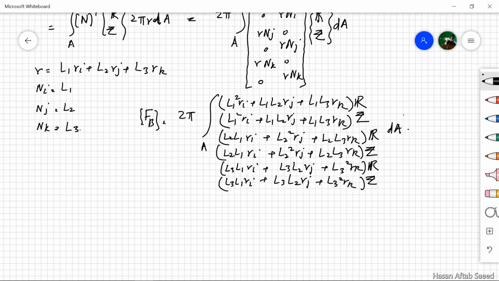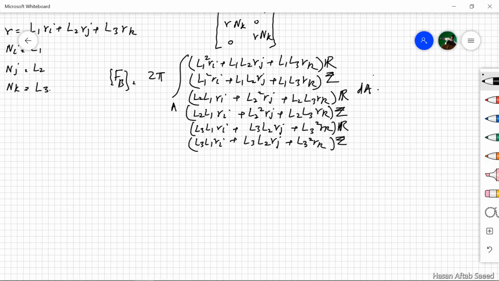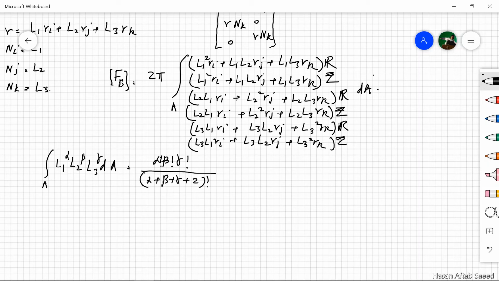Now there's one more step to go, that is the calculation of these integrals. Now recall the area integral formula, the factorial formula: integral of L1 to the alpha, L2 to the beta, L3 to the gamma dA is alpha factorial beta factorial gamma factorial over alpha plus beta plus gamma plus 2 factorial, into 2A. We have basically two combinations.